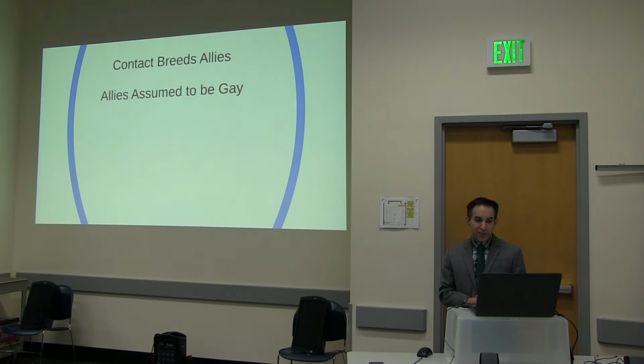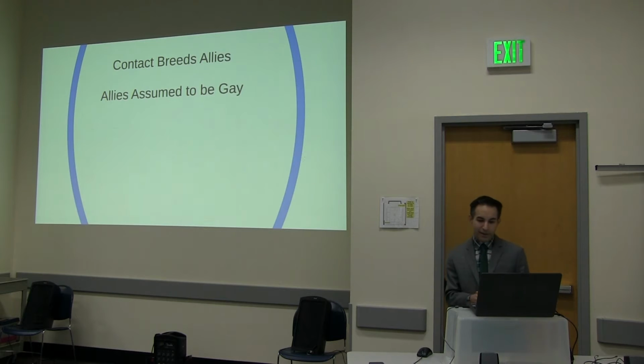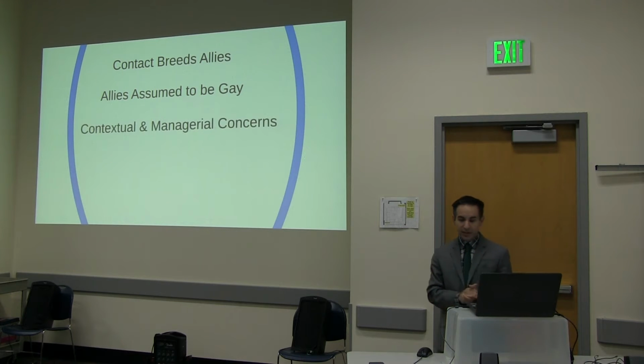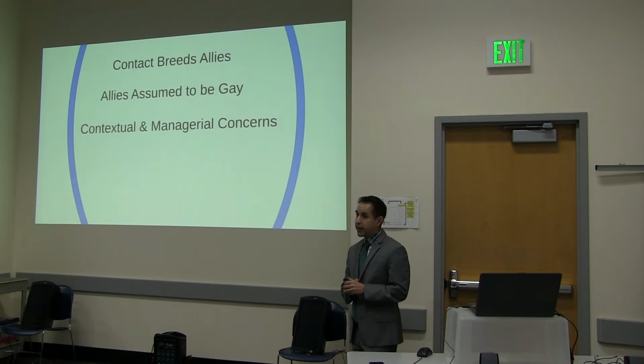So another thing that both groups said was that if you are an ally for gay people, then people are going to probably think that you're gay, because why else would you want to put yourself in that situation? So that is another sort of common sense type of thing. Both groups also talked about context and management concerns, that it's really important to have management buy-in.